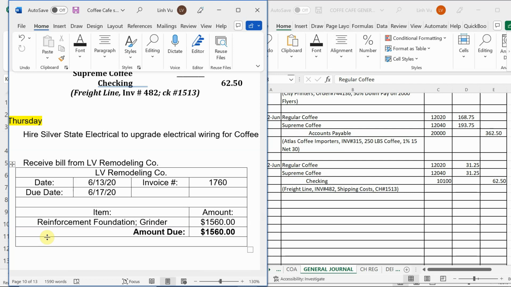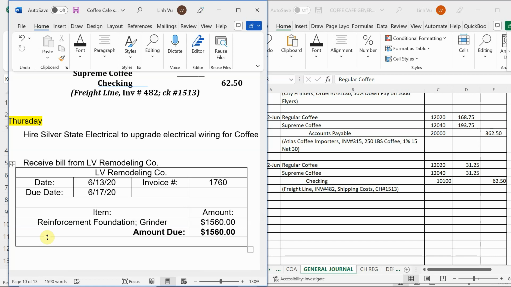Where is your coffee grinder? It's in your miscellaneous expense. Good. Why do I not code this to a subcontractor expense? Because it's still part of the grinder.